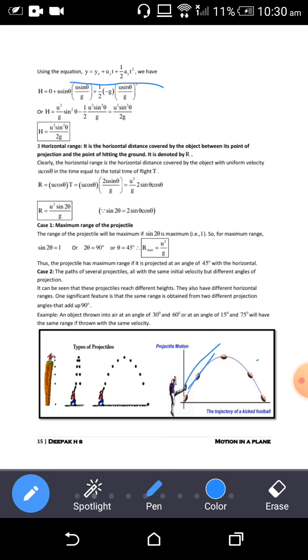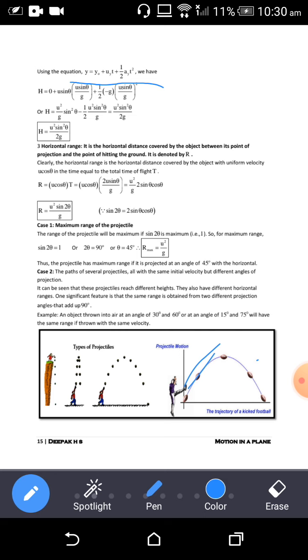We substitute, and u subscript y is nothing but u sine theta. Next, the t value comes out to be u sine theta divided by g, plus half a subscript y is equal to minus g. We have written that, and as usual the value of t is u sine theta divided by g, whole squared.